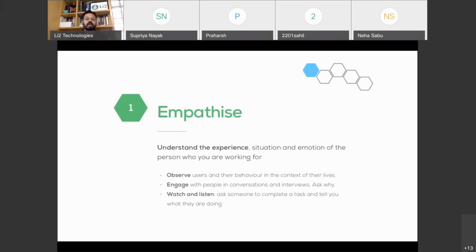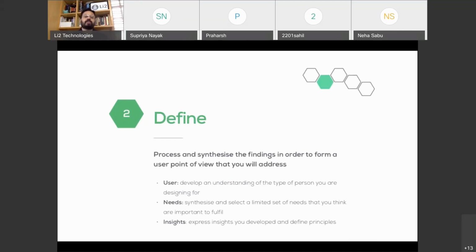Most important thing I'll ask you in the second half is, what engagement did you have with the end user? Or what engagement did you have with the potential buyer? What is the insight you got, right? Whatever is the insight that you get from here is going to be your definition. For the user, what is the need and what is the insight?